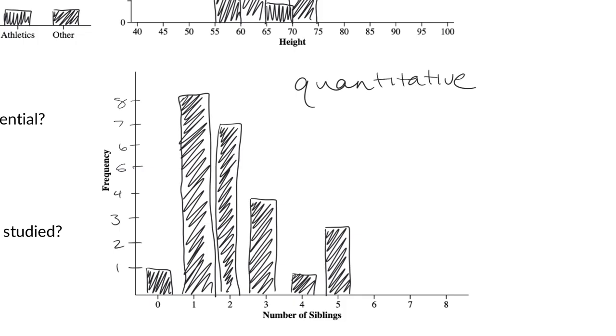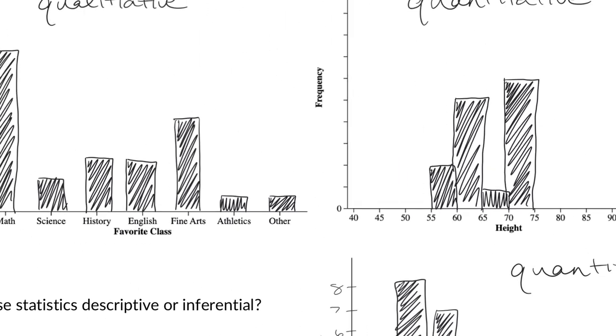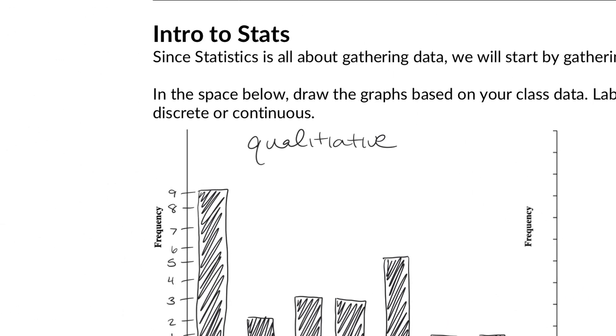And then beyond just qualitative and quantitative, we can also describe whether the variable we're working with is discrete or continuous. These may not sound so much like what they are, except that we've used them in mathematics before. A discrete graph was a graph that was just dots, disconnected points, and a continuous graph was one that was connected.